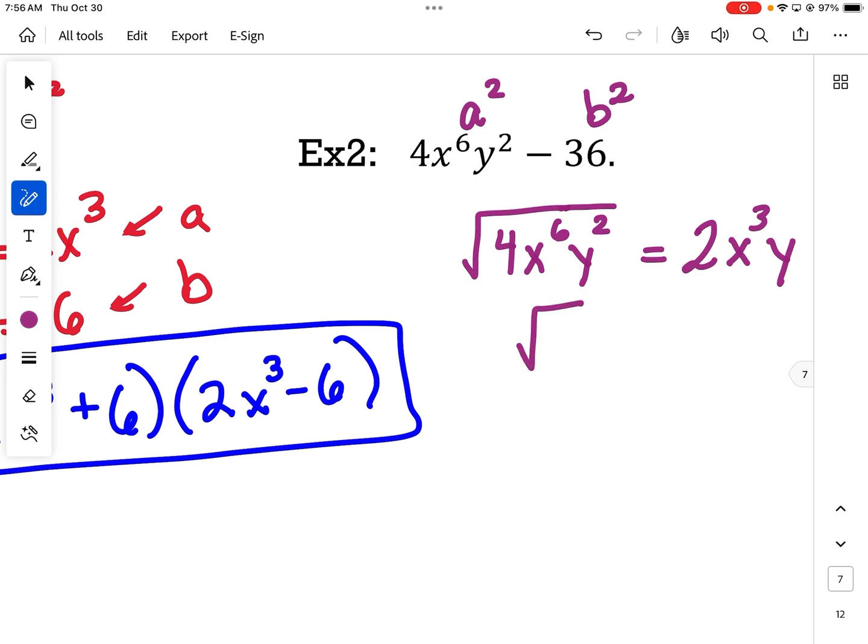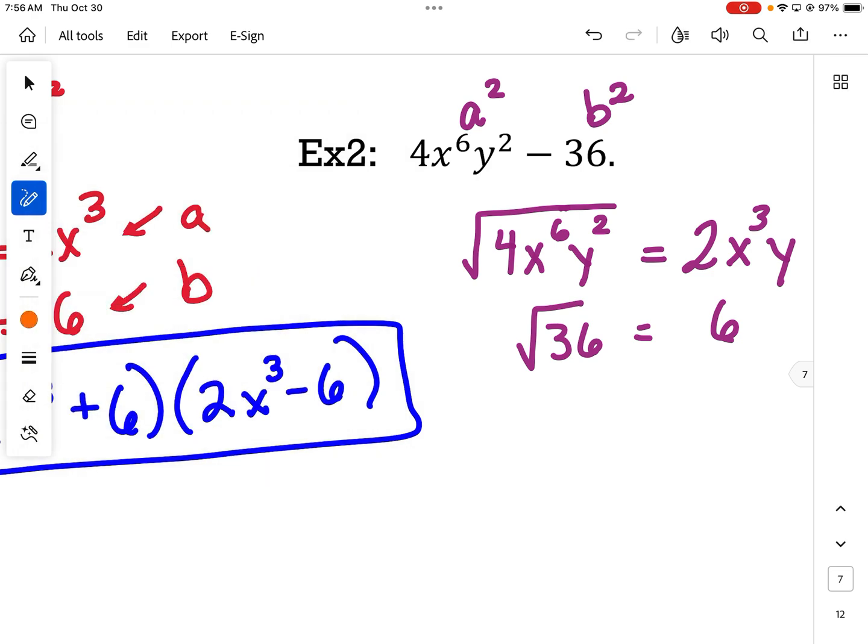And now you do 36. What's the square root of 36? 6. You don't include the sign? No, because that's just telling us that it's a difference of squares. A and B are squared. The minus represents the difference of the squares.